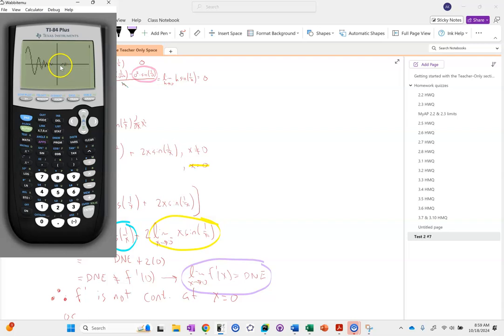And whoa, I'm getting crazy oscillating behaviors. We're getting close to 0 here. So we're not actually settling down to 0. So this is what that function kind of looks like. That x squared sine 1 over x, and when we're getting really close to 0, it's going cuckoo crazy.